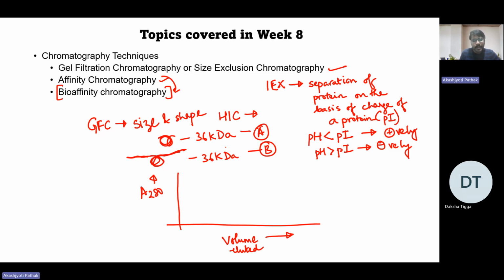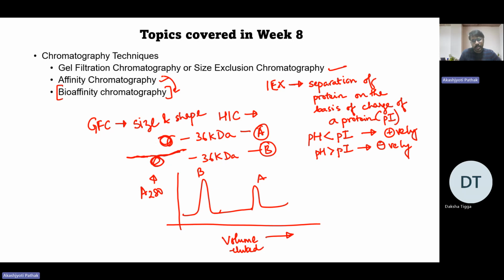What will happen is that the one which has a more extended conformation, or which has these unstructured regions, will be eluted first compared to the one which has a globular shape. So for this B protein, you will get a peak here, but the A protein will be eluted much later. Okay.